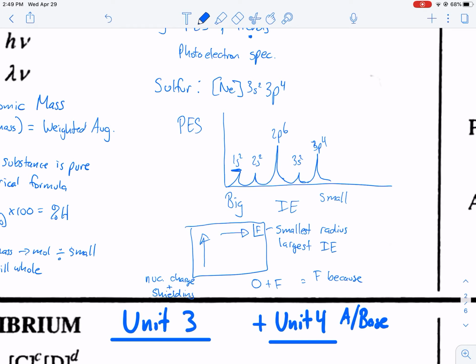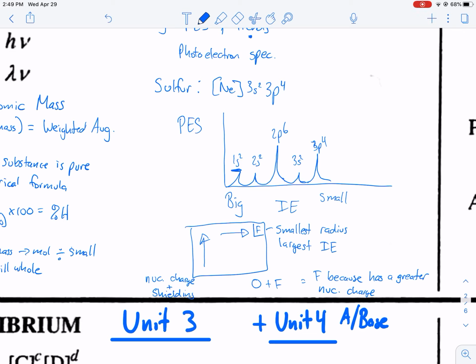The inner electrons are the same. Their valence electrons are all in the same ring. So F has a greater nuclear charge. So since it has a greater nuclear charge, it's going to grab onto those electrons tighter and pull them in very, very close to the nucleus.